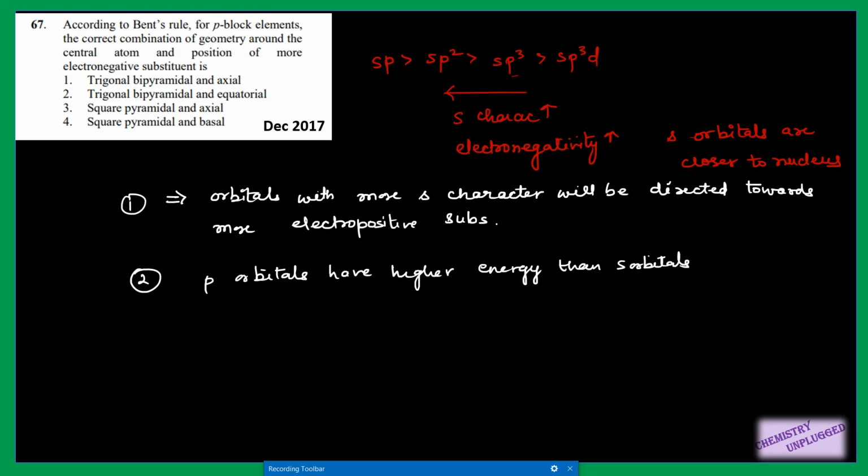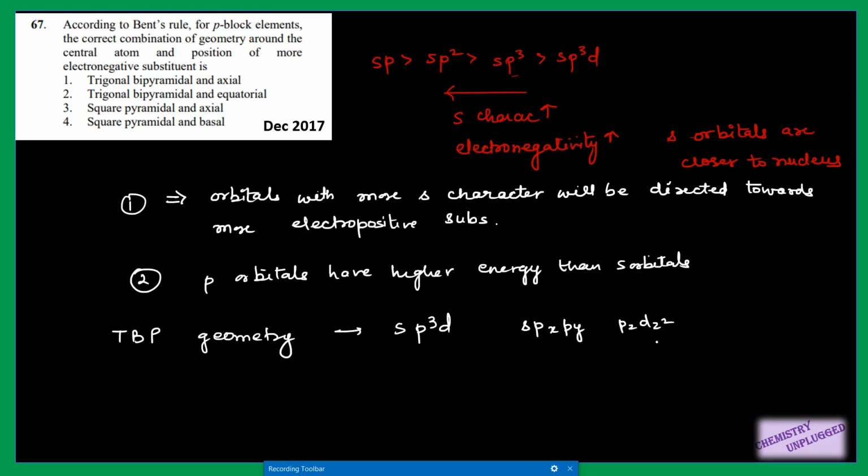Then we will come to the molecules with trigonal bipyramidal geometry. Most of the time this Bent rule applies on these molecules. So in this case we have trigonal bipyramidal geometry, meaning you have sp3d hybridization. This sp3d hybridization is formed when you have s, px, py, pz and dz square.